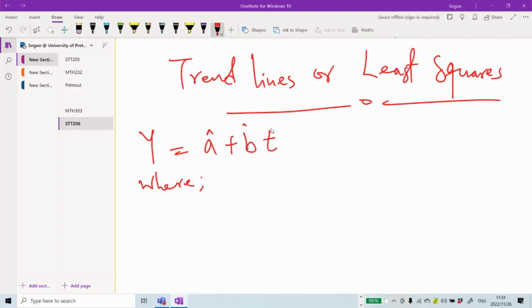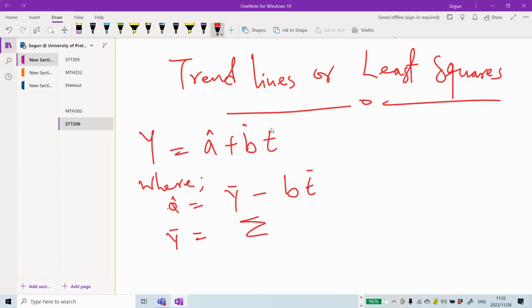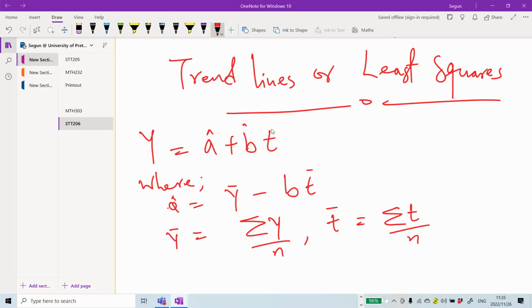It's more or less the same thing, only that we changed the way of solving it here. A cap is the same thing as y bar minus b t bar. So in this case, our y bar is the same thing as summation y over n, and your t bar is the same thing as summation t over n.